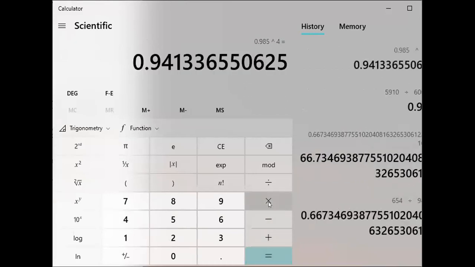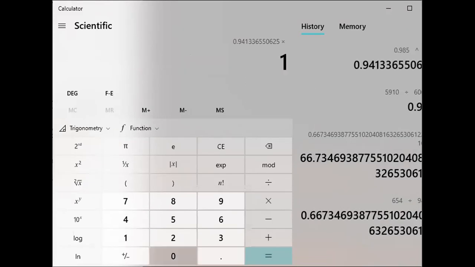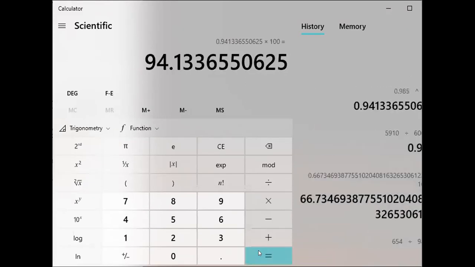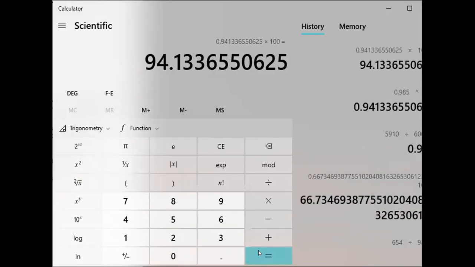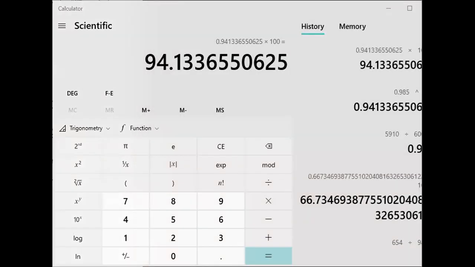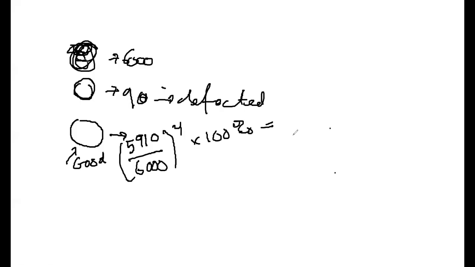And then times 100. So your answer is 94.1 because you're looking for one decimal place. Okay. So this is 94.1.